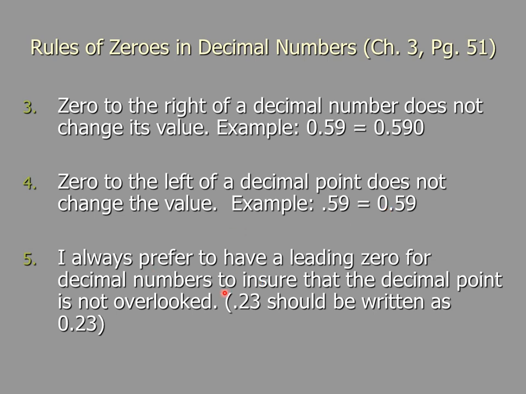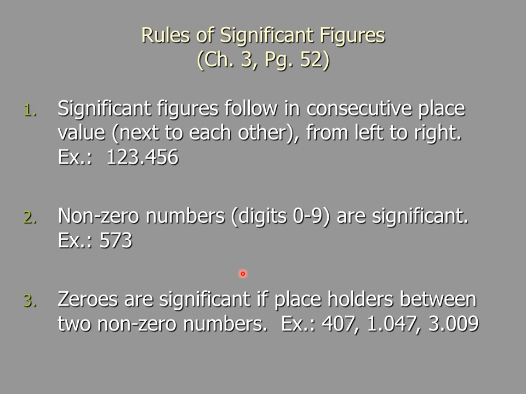So this is what we said. Now the rules of significant figures: because of the zeros and other digits, they have different positions, so we have to identify which digits are the significant digits or significant figures in the numbers. For example, the significant figures follow in consecutive place value next to each other from left to right. So pretty much all these are significant.